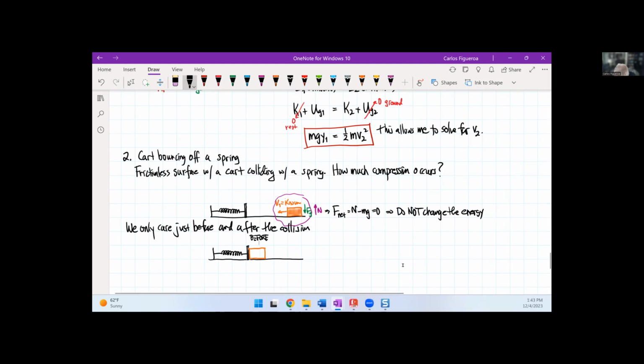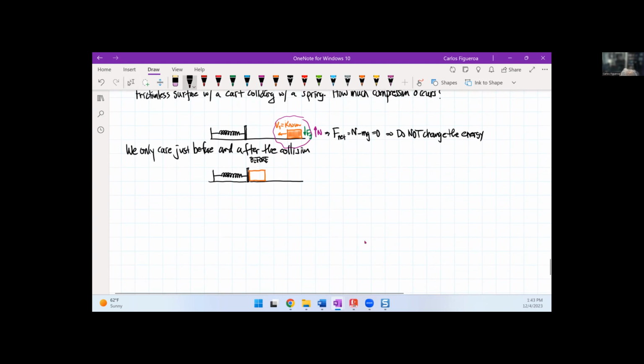And then afterwards, what happens? The spring has now compressed. So I can see that during this process, a compression has occurred.